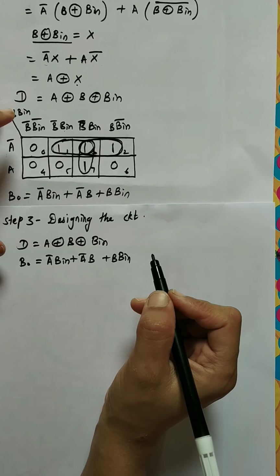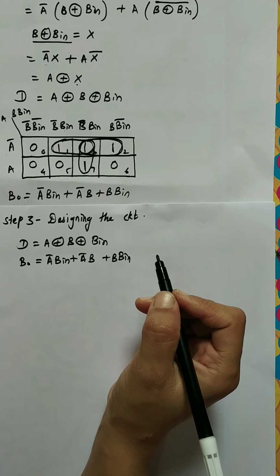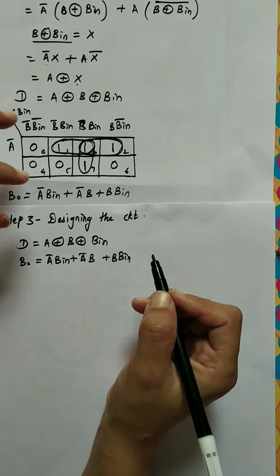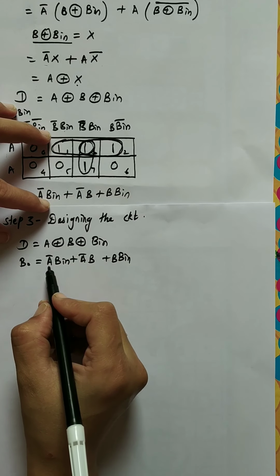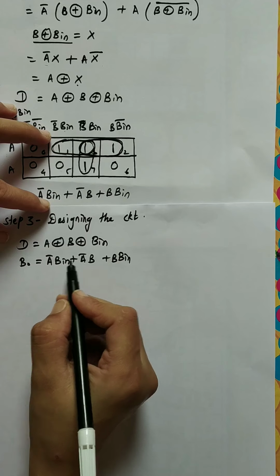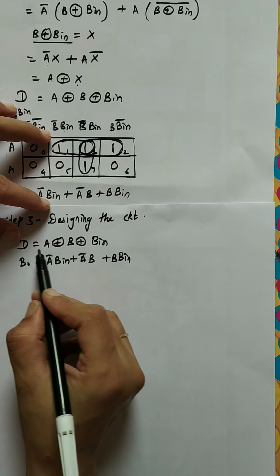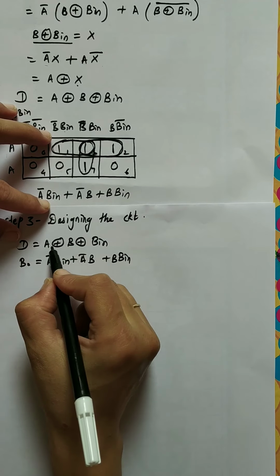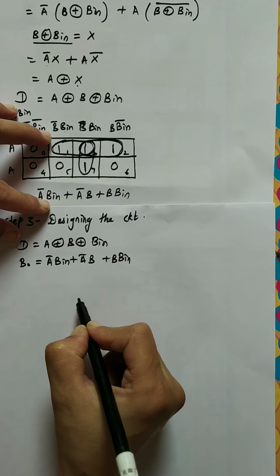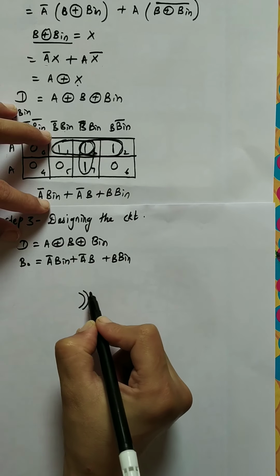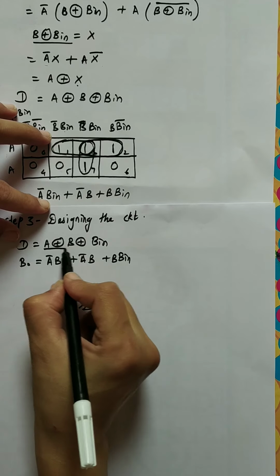Now I'll draw the circuit for this by using logic gates. First of all I'll draw the circuit for difference. Here for difference A, B and B in are the inputs, and XOR gates are required. We have an XOR gate of 2 inputs, so I provide the first 2 inputs, A and B, to the XOR gate.